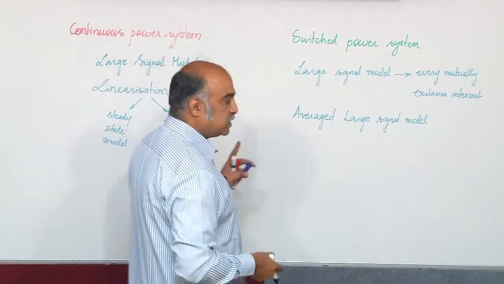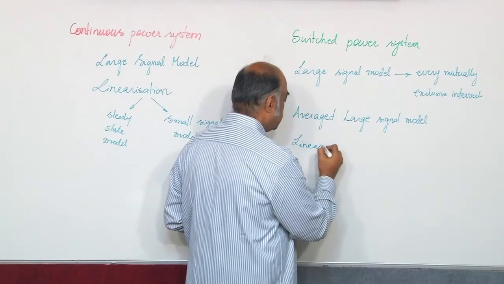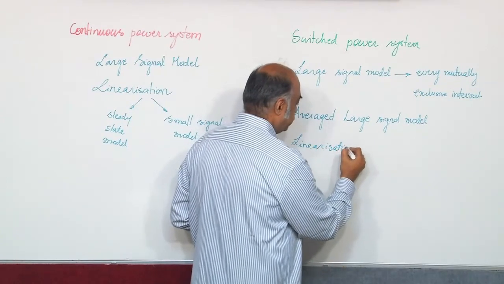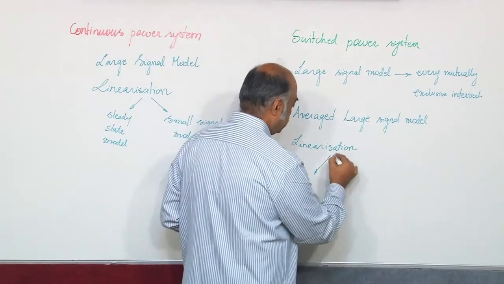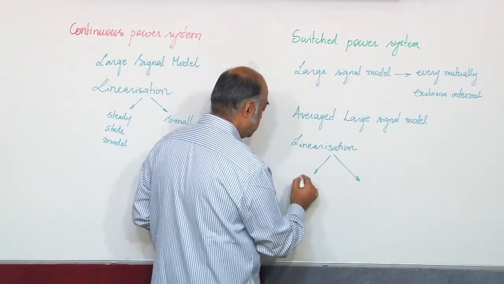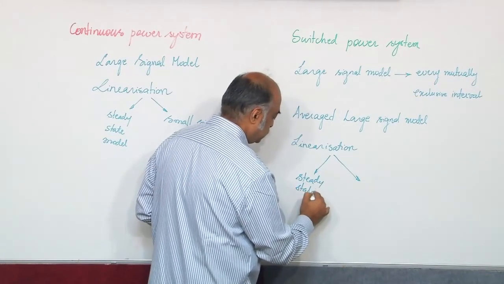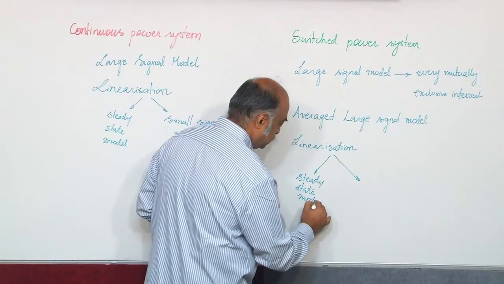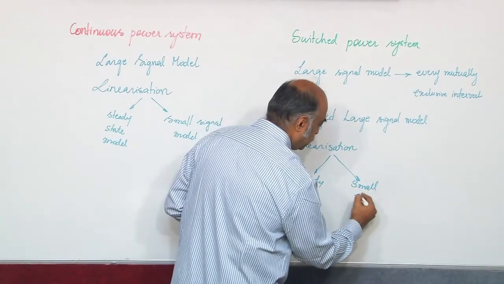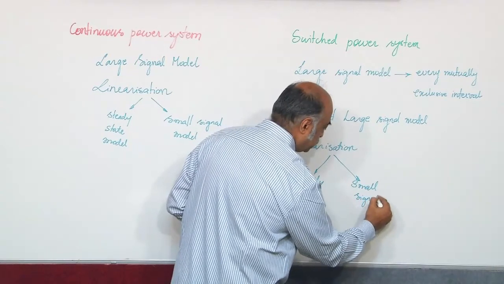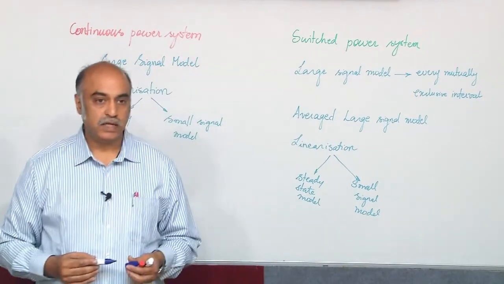After you do the average large signal, you will go through the process of linearization and then extract from here the steady state model and the small signal model.